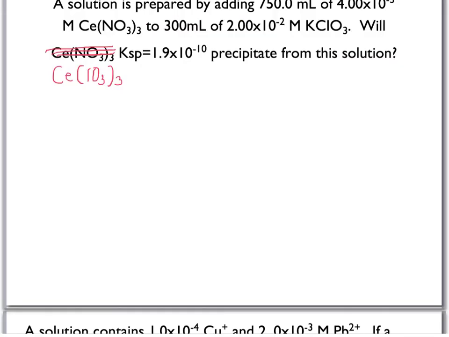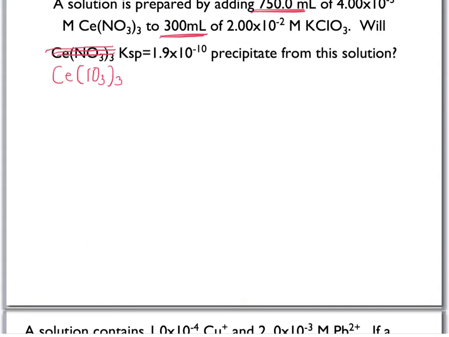Okay, so we're going to do the same thing. We are going to try to determine whether precipitate will form. We have two solutions, and we're going to mix these two solutions together. So things that I want to think about is my total volume. I have 750 mils of one solution, 300 mils of another solution.